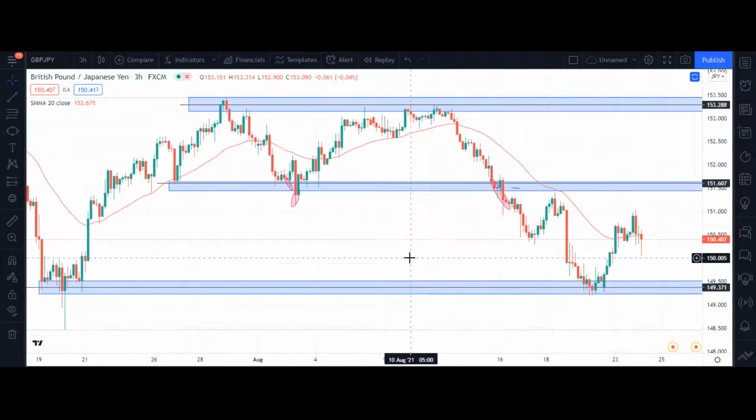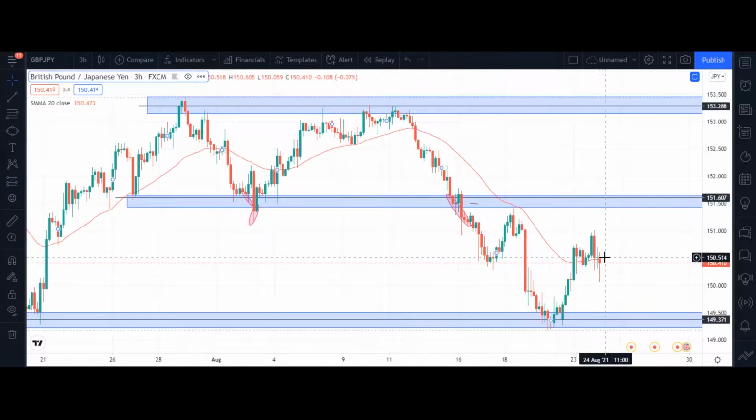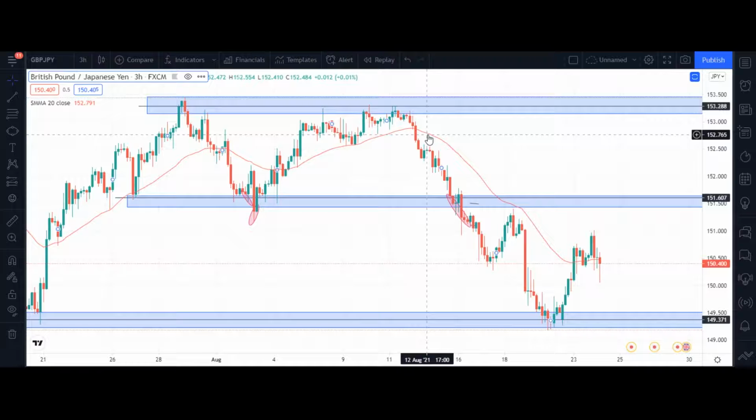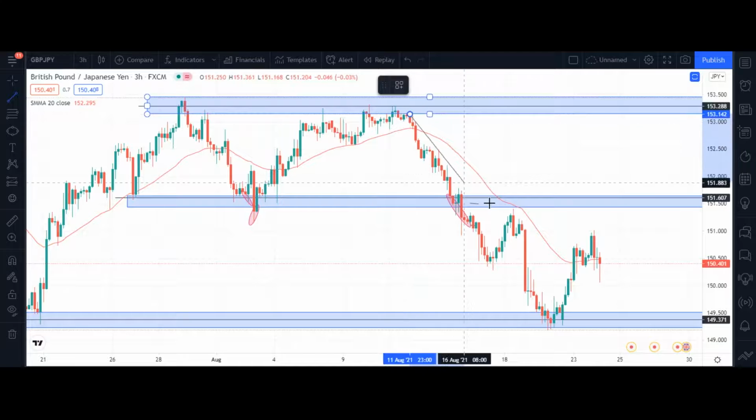Like I've been saying through this whole course, guys, it really is that easy. It's about patience. It's about understanding the complete market, and of course, trading with the trend. So this whole move here is a downtrend. All right.